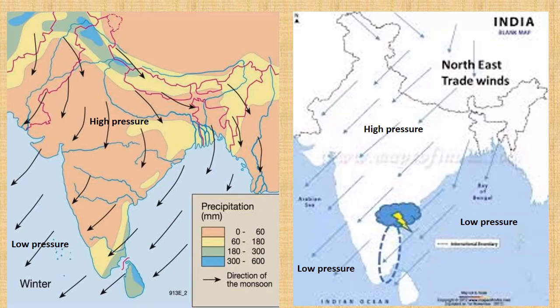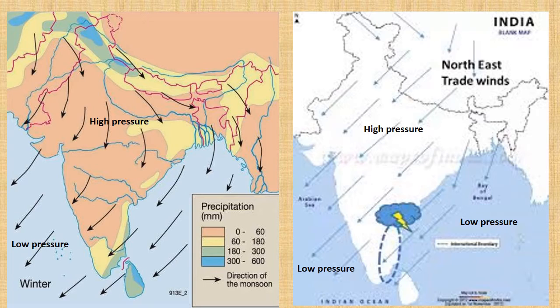But there are some northeast trade winds. If you look at the outline map shown to the right hand side of the screen, there are some northeast trade winds which cross the Bay of Bengal. So when they cross the Bay of Bengal, they pick up the moisture and give heavy rainfall to the Tamil Nadu coast.